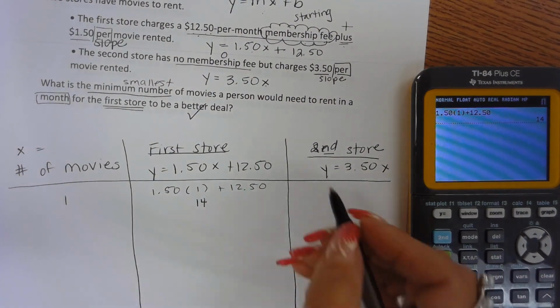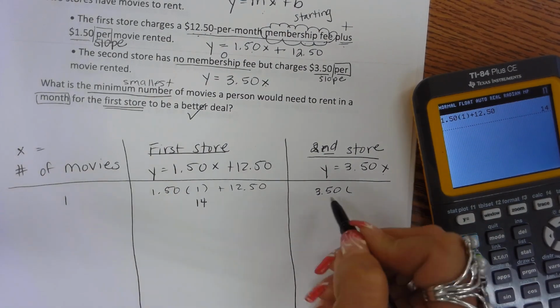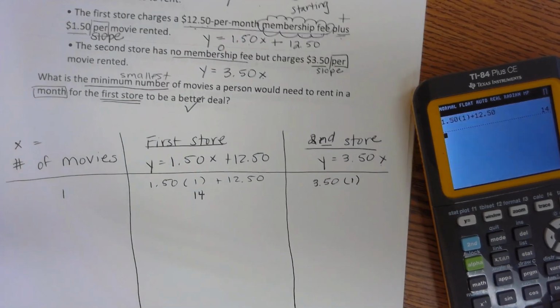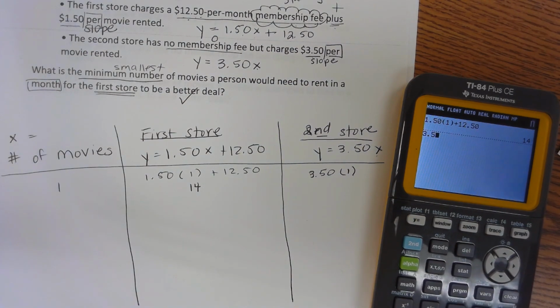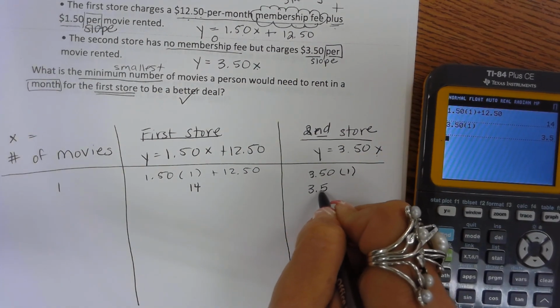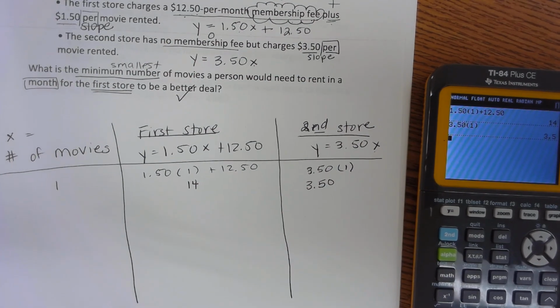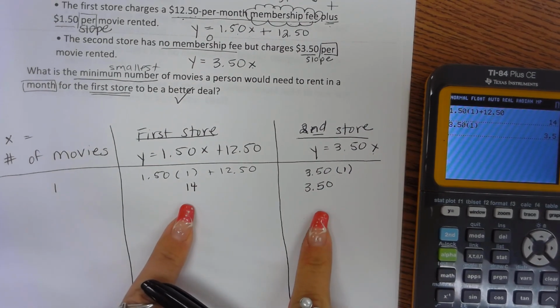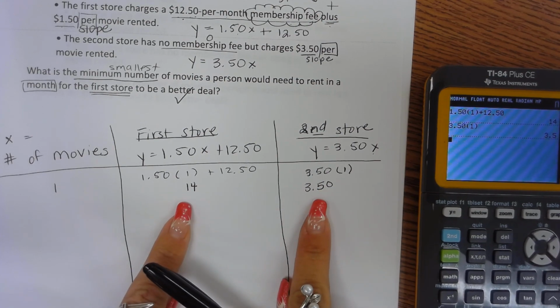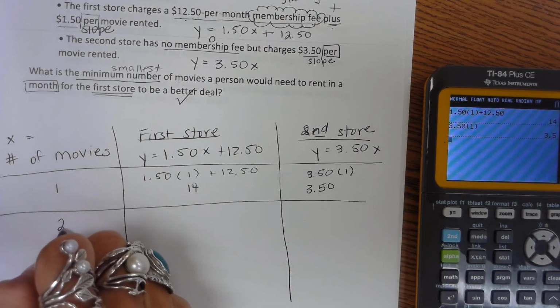For our second equation, we have $3.50 times X, which is 1 movie. Plugging in 1 for 1 movie, it would be $3.50 times 1 equals $3.50. Since we are talking about money, let's add our zero, $3.50. Is the first store a better deal? Is $14 better than $3.50? No. So let's go ahead and try 2 movies.